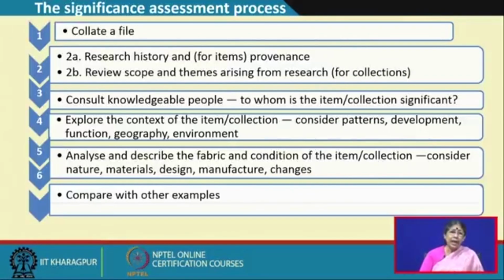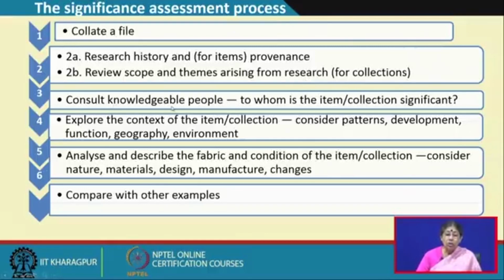Just to take a recap of the various stages we have covered, we call it the significance assessment process. First, you have to collate a file, and then research the history, and for items the provenance, which we will discuss in our next lecture. Then review the scope and themes arising from the research for the collection, because themes come from the understanding and getting the various information.